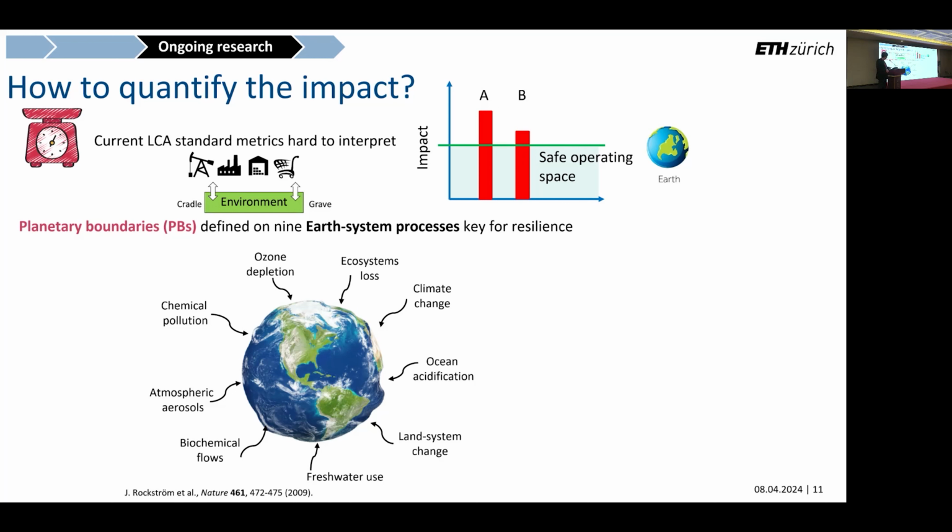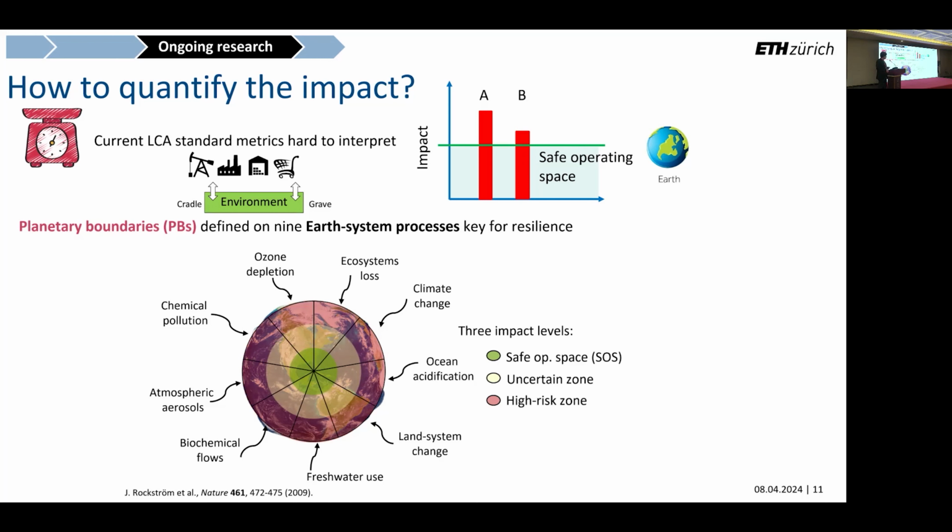For each Earth system process, they define 2 different planetary boundaries. The first one separates the safe operating space from the uncertain zone. The safe operating space is a region where we could stay for many centuries to come, so the impact levels are not that large. If you start increasing the impact, you transgress the first boundary and you enter into the uncertain zone, where there is an increasing probability of destabilizing the Earth system process.